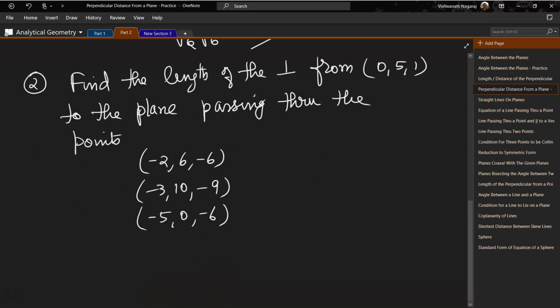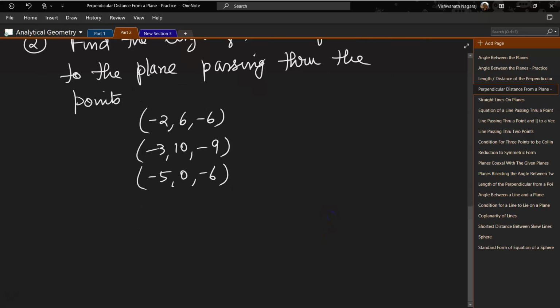Okay, now given 3 points, we need to figure out the plane passing through these points. So let's think of a fourth one whose coordinates would be x, y, z.